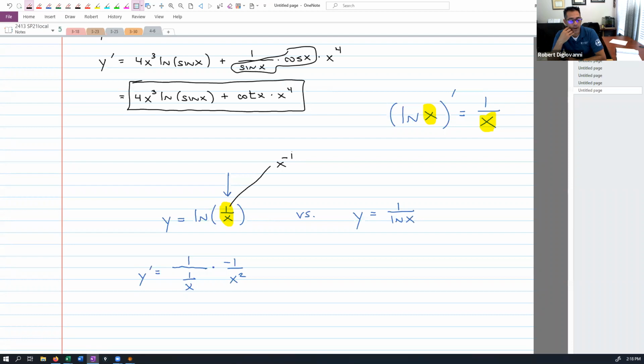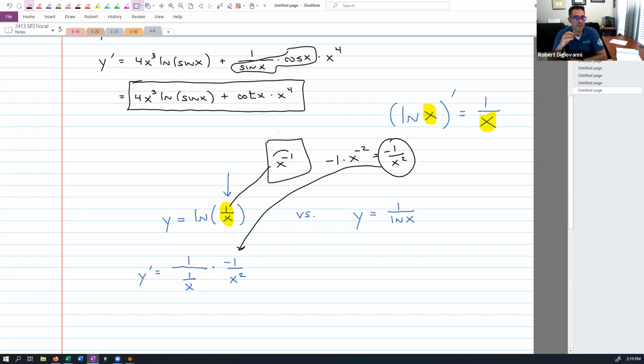Now, if you had to take the derivative of that, you'd bring the negative 1 out, and then you'd subtract 1 from the power, you get x to the negative 2. And now if you rewrite that, leaving the negative 1 on top and dropping the x to the negative 2 down as an x squared, you'd get this, which is the exact same thing that Elise got, which is fine. I personally prefer to do it this way, but you get the same answer.